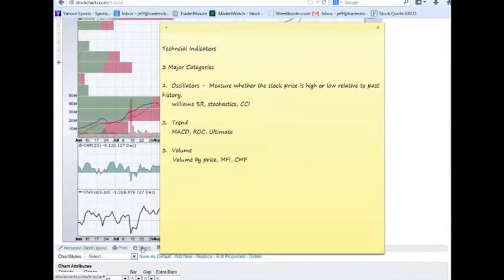Over the years, being involved in trading funds and trading my own stocks and messing around with technical analysis for the last 15 years, I find that when I'm trying to put indicators together and find a pattern, or find something that's more accurate than others, what I want to do is find an indicator from each of these categories: volume, trend, and oscillator.